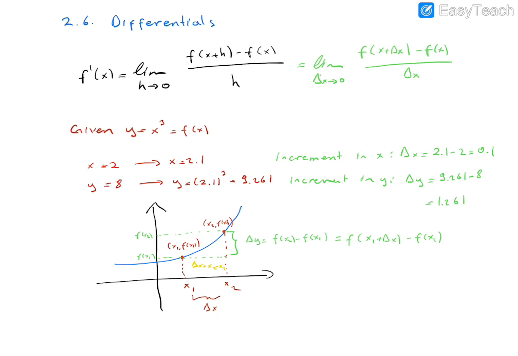The numerator is the increment of y, so this is delta y. So the limit of the quotient of the increment in y over the increment in x gives us the derivative at the point x. Actually, this limit is not the differential. This limit is the derivative. Let's emphasize: this is the derivative of f at the point x.